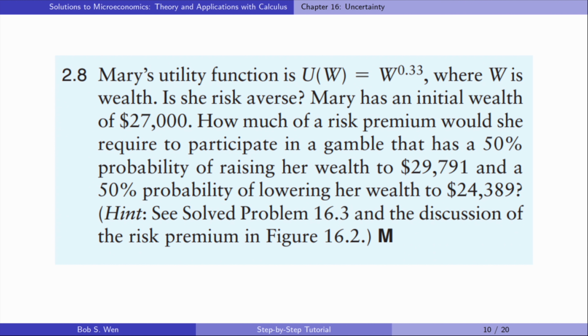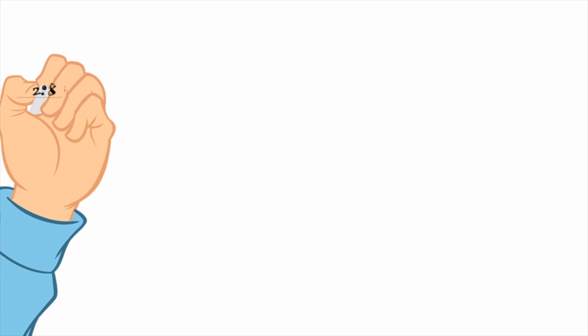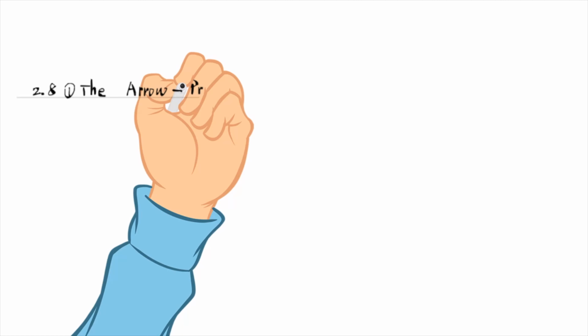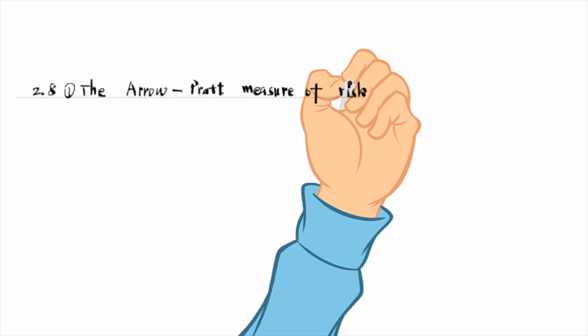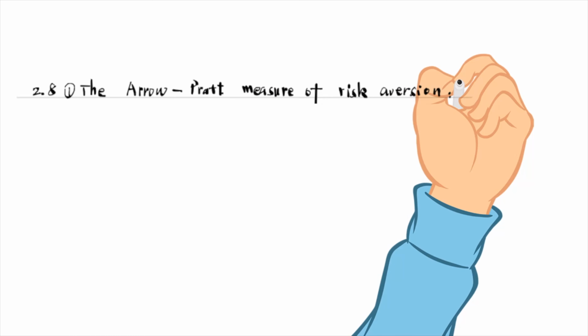How much of a risk premium would she require to participate in a gamble that has a 50% probability of raising her wealth to $29,791 and 50% probability of lowering her wealth to $24,389? We find the Arrow-Pratt measure of risk aversion to determine whether she is risk averse.